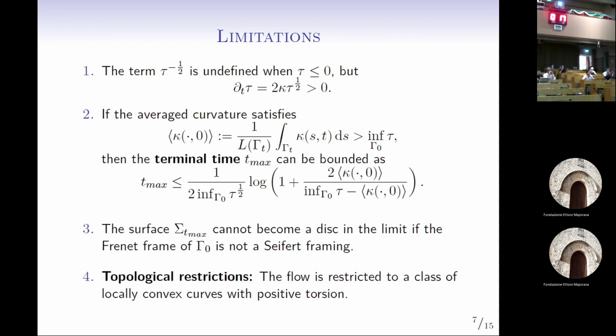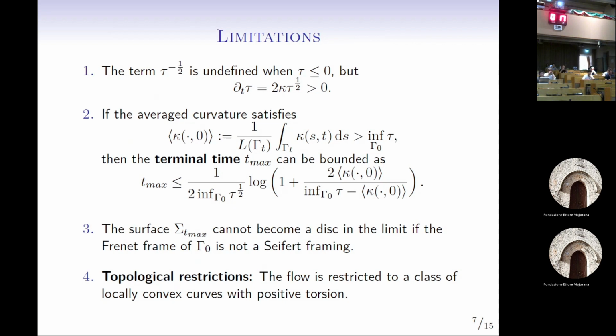So if it's not vanishing at the initial point, it will stay this way throughout the motion. Then another not very nice property, for the goal that we have, is that for some specific curves, we know that the terminal time is bounded from above. So this will probably in these cases not shrink to a point. But this family, of course, is not as large.